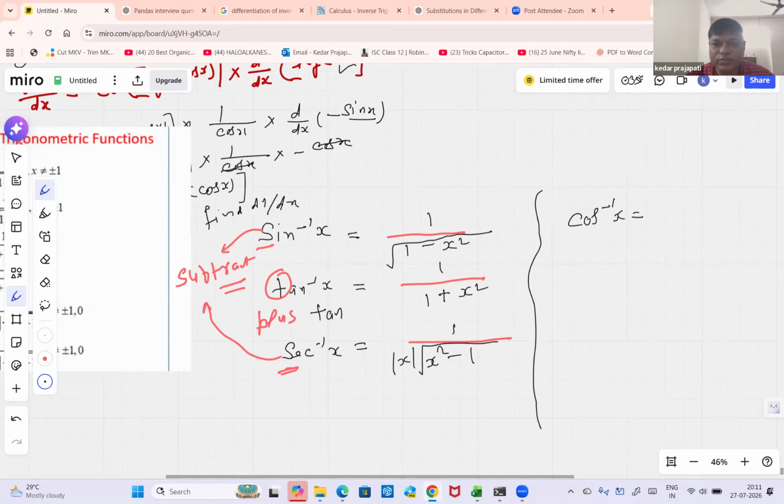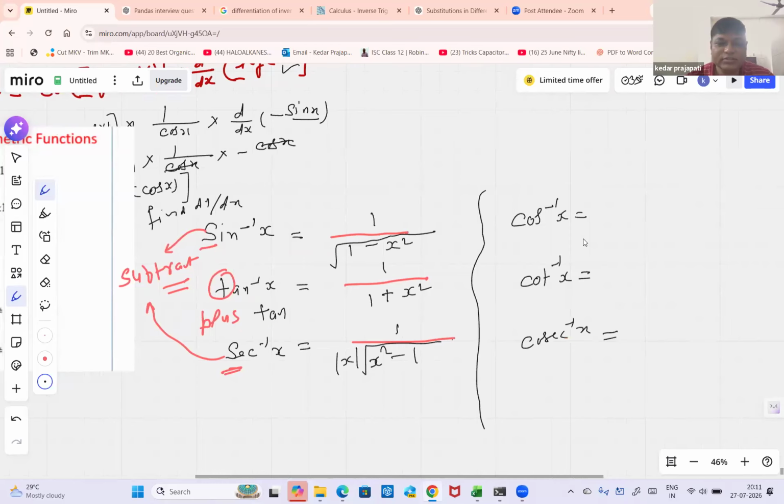Now this is cot inverse x. Sec is there, cosecant. So you just copy them and put a minus sign. It will be just 1 minus x square. Whatever you have written here, same thing will go to cos, but this will be minus.